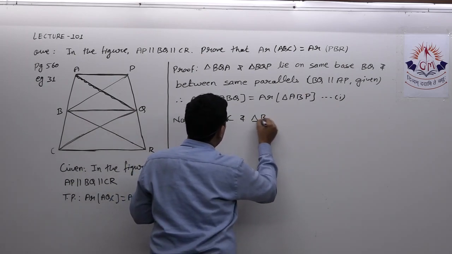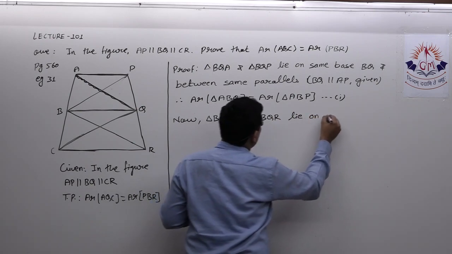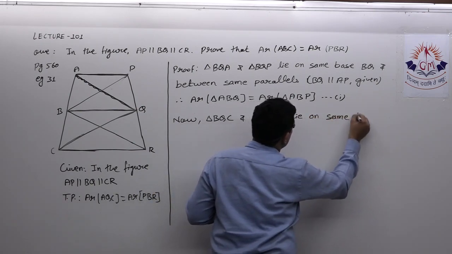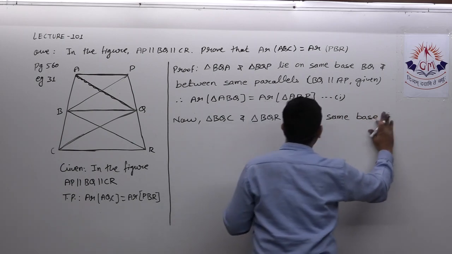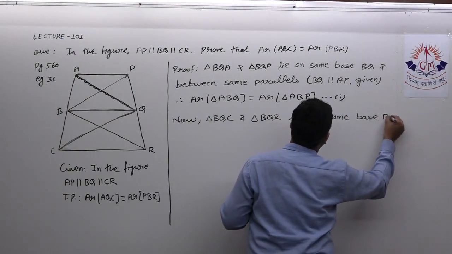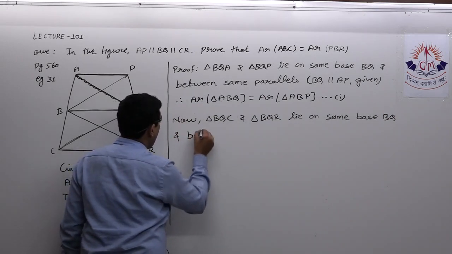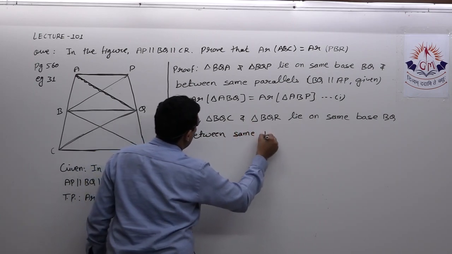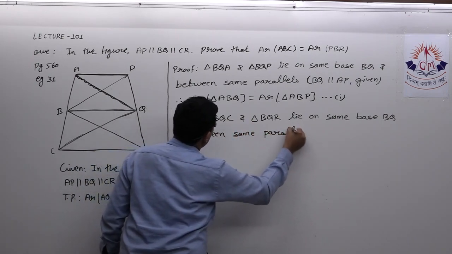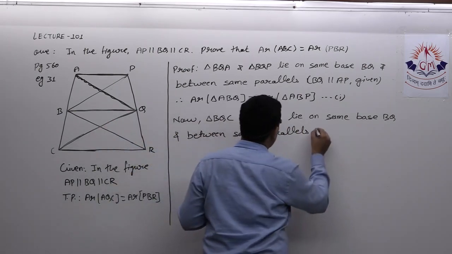BQR, and triangle BQR lie on the same base BQ, and between the same parallels, that is BQ and CR.